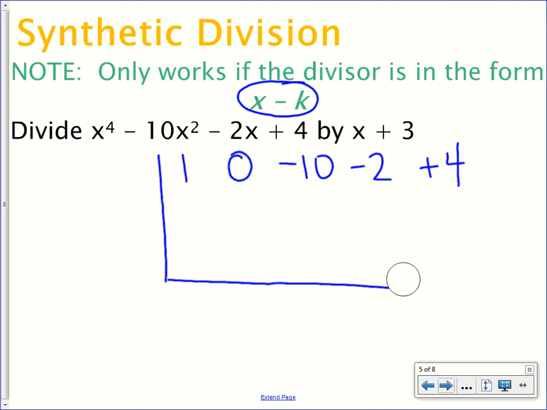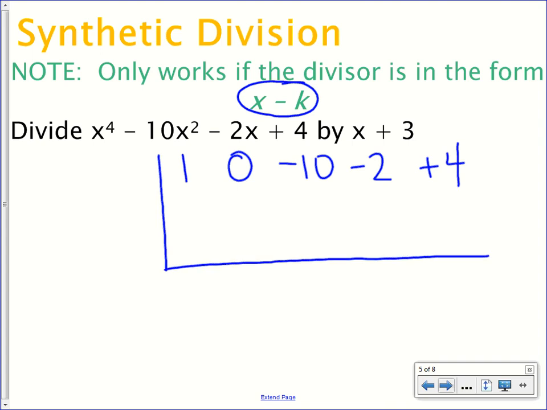Since we are dividing by x plus 3, if we set that equal to 0, we would get negative 3. That is the number that goes out here. So we're putting a negative 3 right outside here.